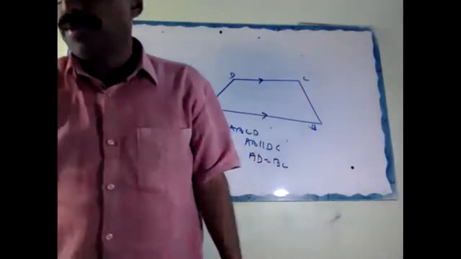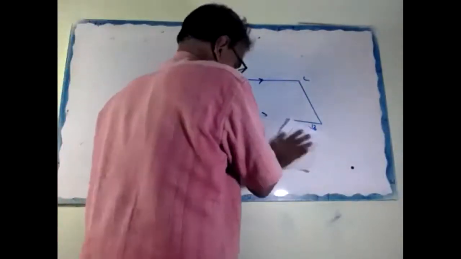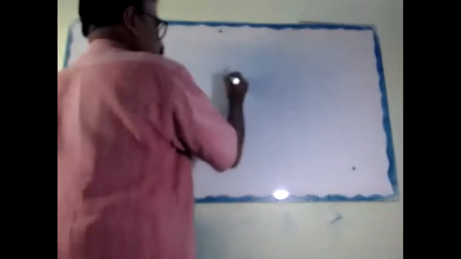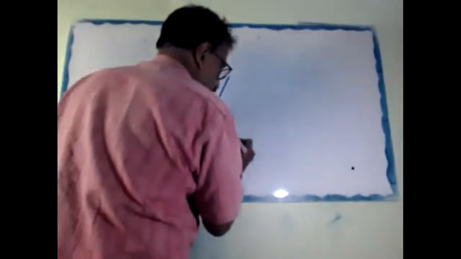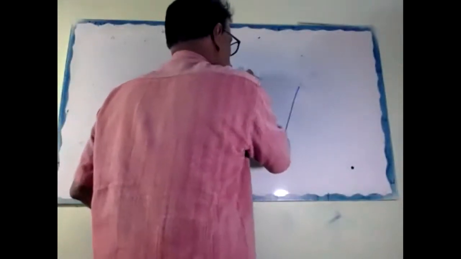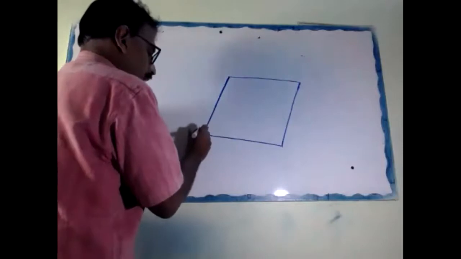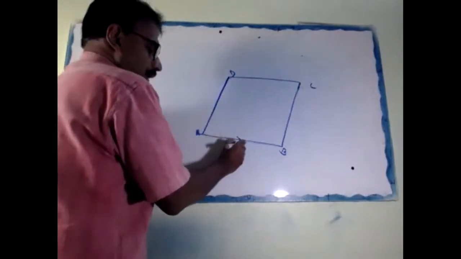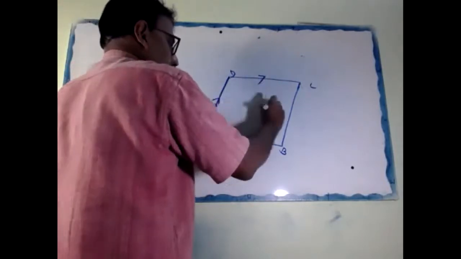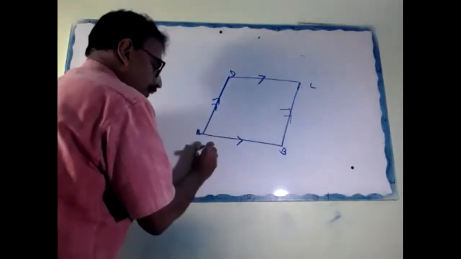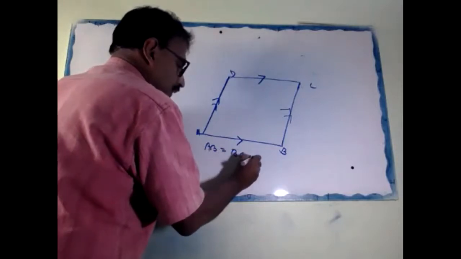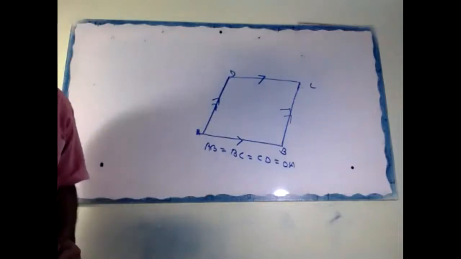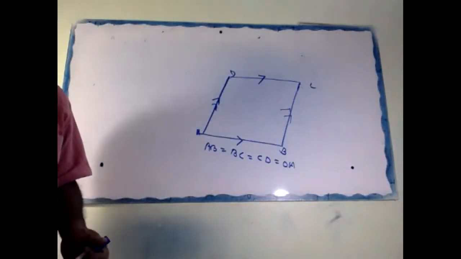Okay, now we are going to draw a rhombus. Look here. ABCD, that means AB is parallel to DC, and this one is parallel to this one, and AB equals BC equals CD equals DA. Draw this one.